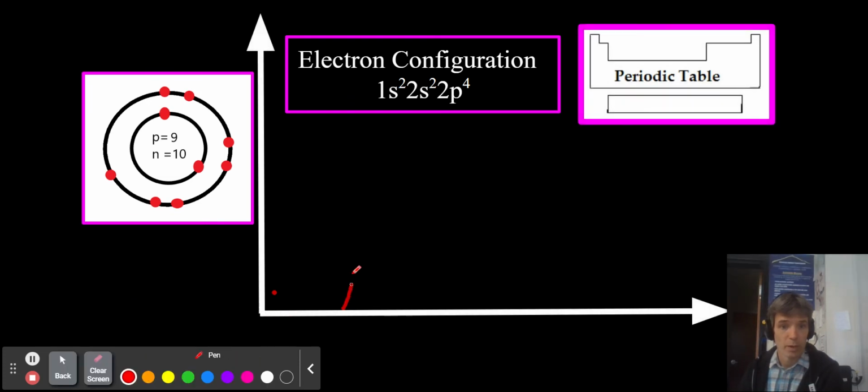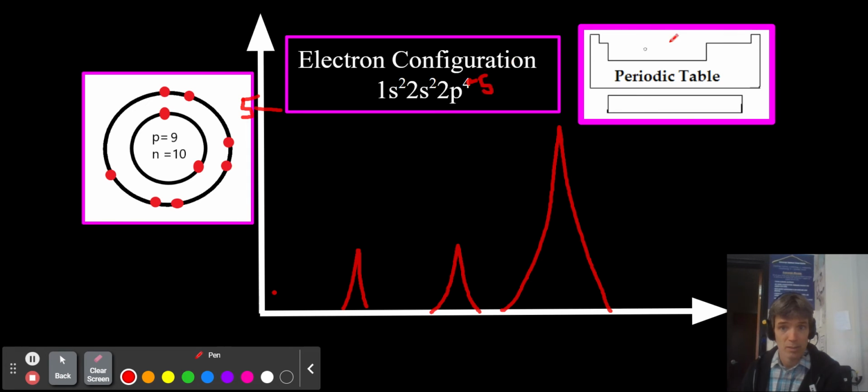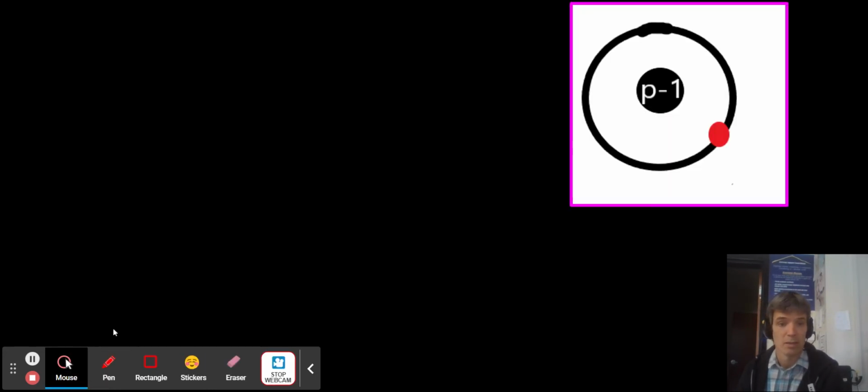Well, it's going to have a 1s2, 2s2, and then a 2p5. This is going to be 5, because we already did oxygen, and this is fluorine right there. This is different than the one I just did 2 previous slides.